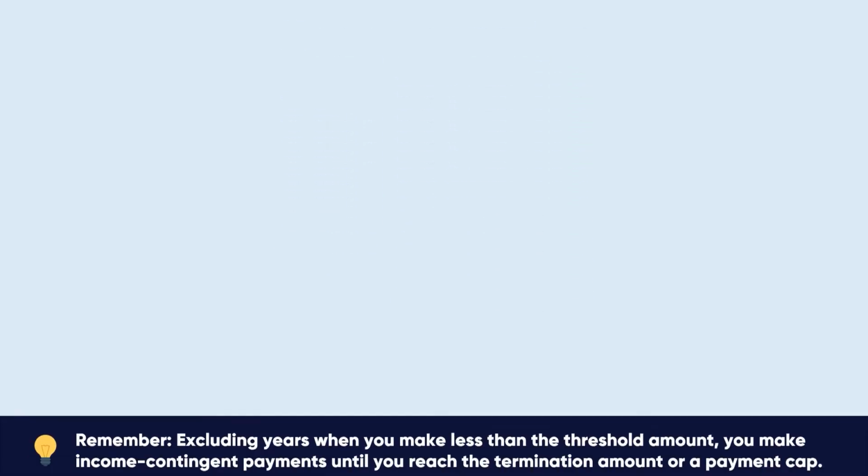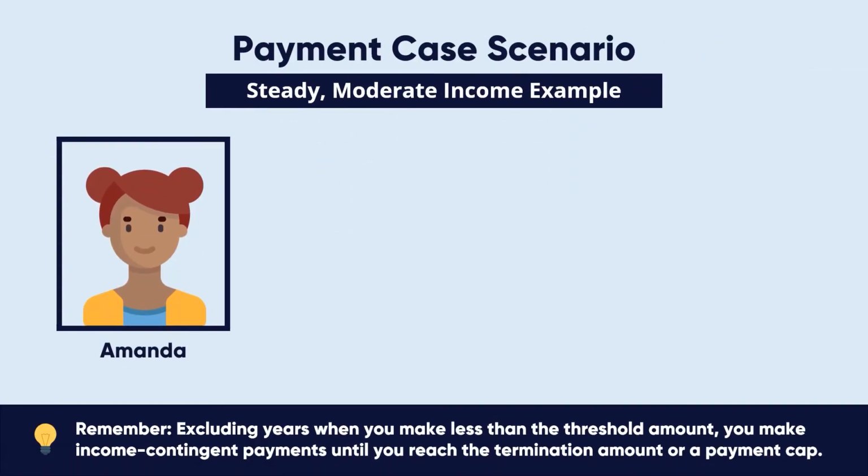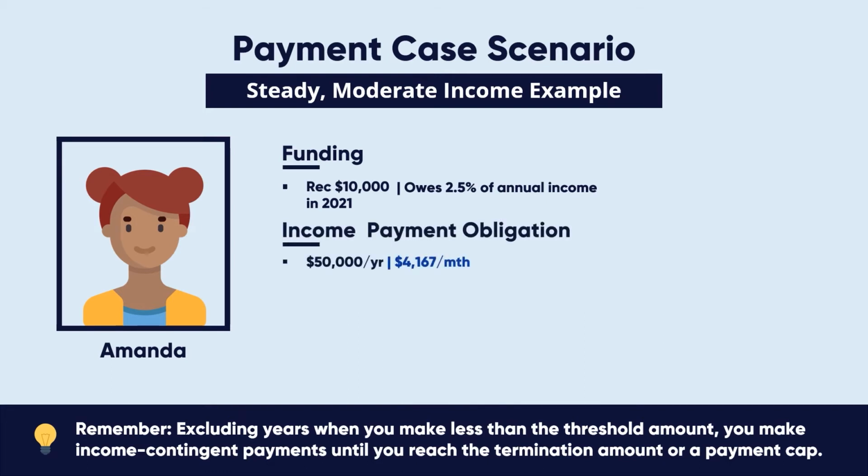This example describes a student who received a Student Freedom Agreement in 2021 and makes a steady, moderately high income after college. Amanda received $10,000 from a Student Freedom Agreement, so she owes 2.5% of her income each year. Amanda has a steady annual income of $50,000.